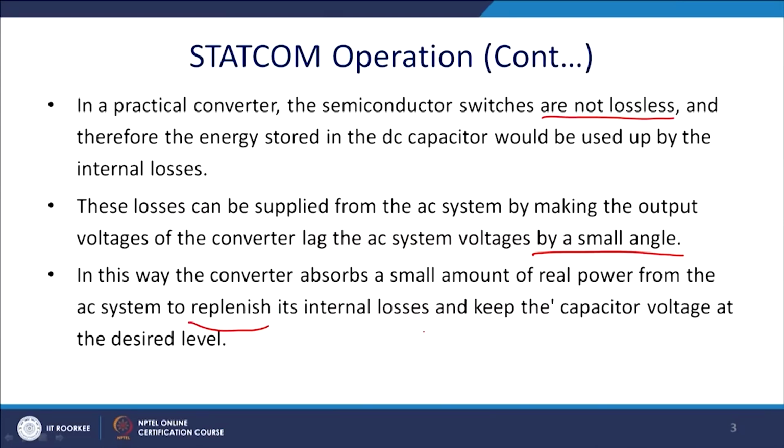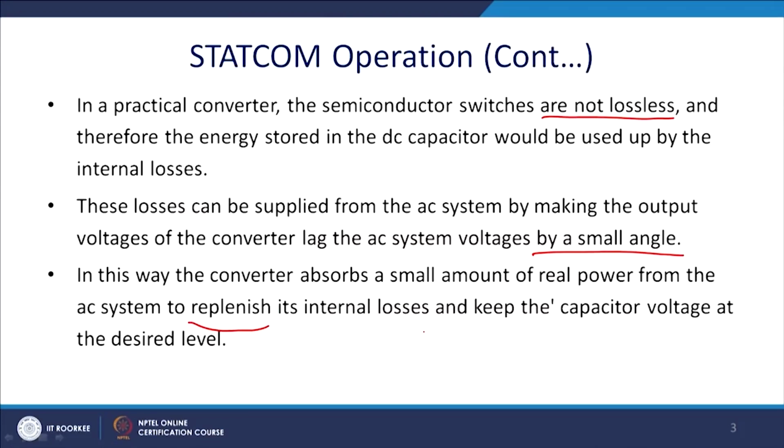These losses can be supplied from the AC system by making the output voltage of the converter lag the AC system voltage by a small angle. In this way, the converter will absorb a small amount of real power from the system and replenish its internal losses and keep the capacitor voltage at a desired level.